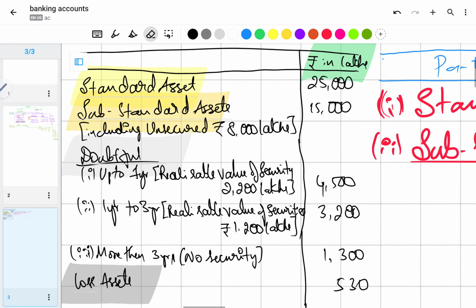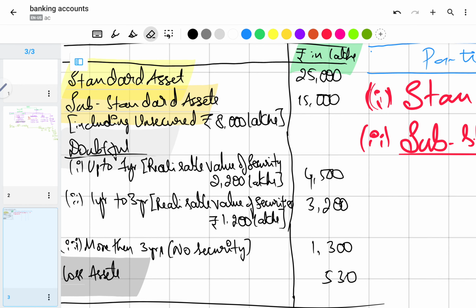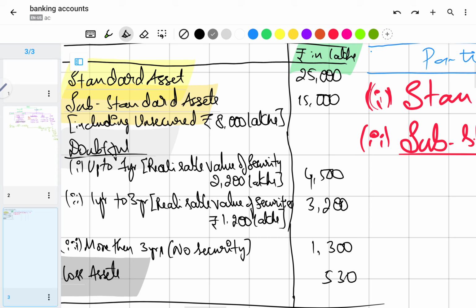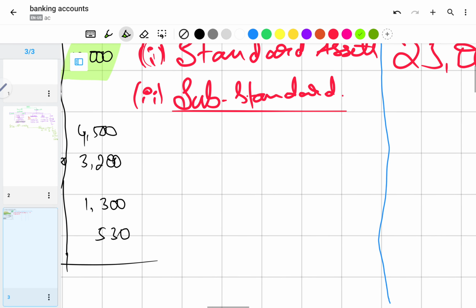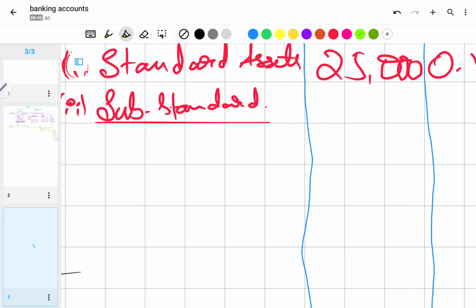Now what we have, substandard assets including unsecured portion of 8,000 lakhs.